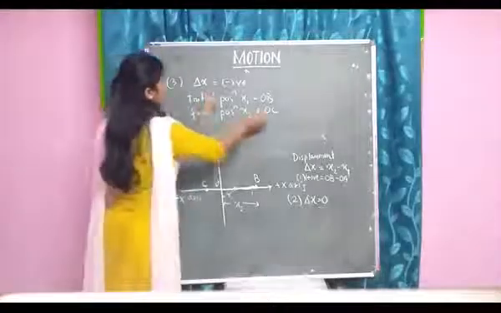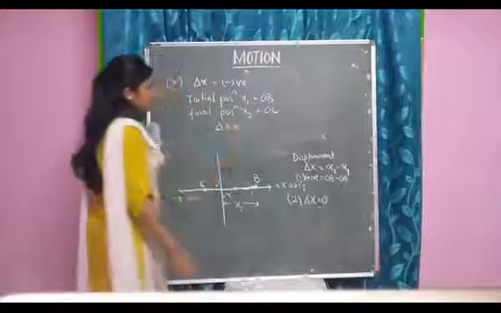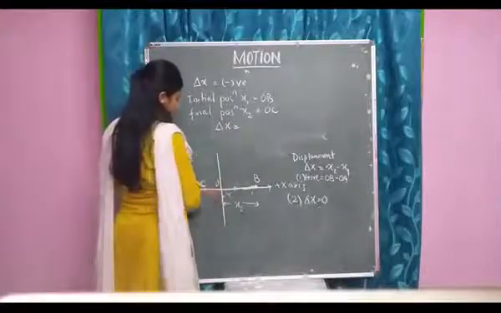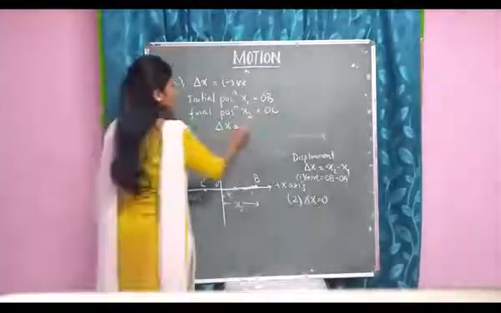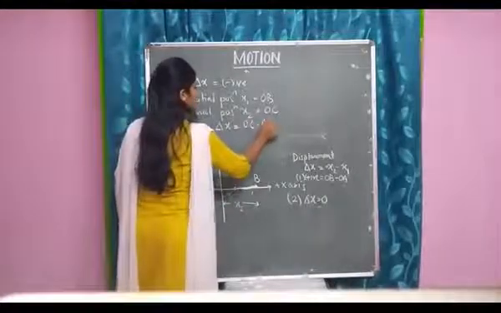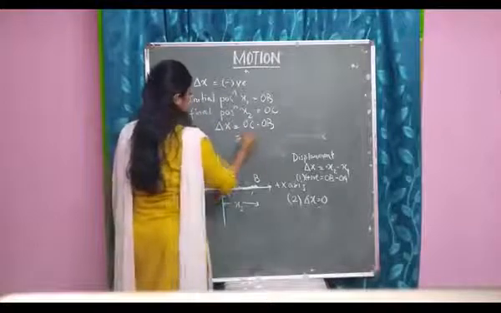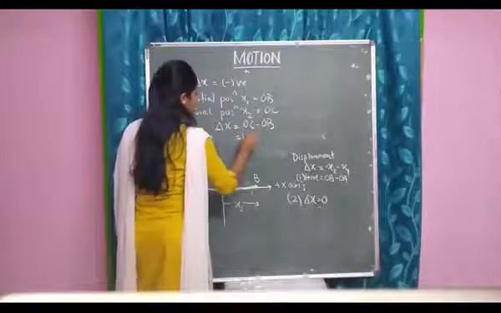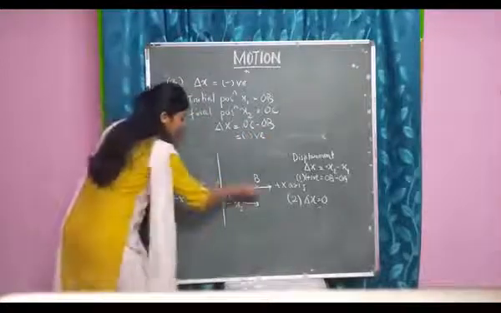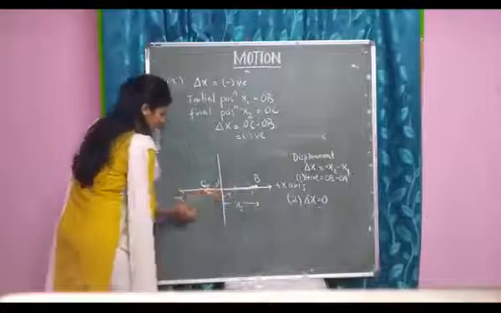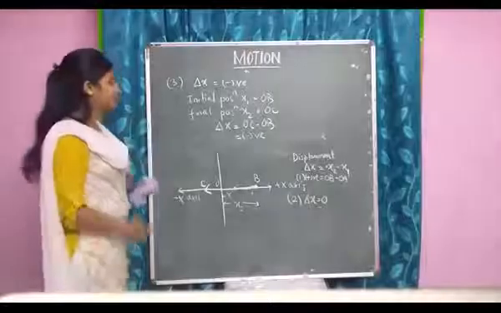Then del x, the displacement, will be OC minus OB, which will give you a negative displacement, because the direction is towards the negative x axis.